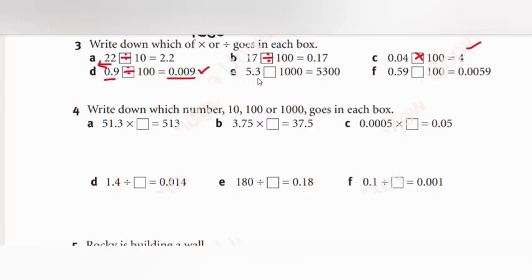Next, 5.3 and 1000 is there. So 5.3 has been increased to 5300, which means it is possible only through multiplication. You can see that when multiplying by 1000, the decimal point moves 3 digits, and you can get 5300. Now the value of 0.59 and the value of 0.059, we can see that 0.059 after the calculation is lesser than this value.